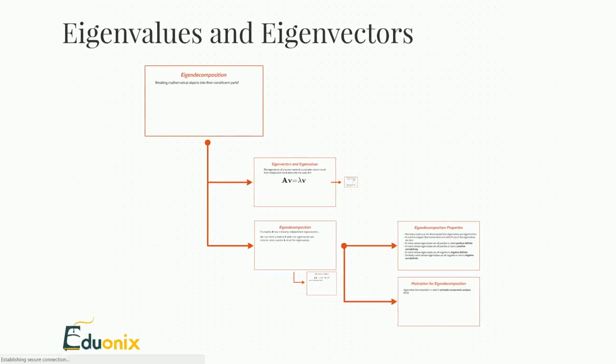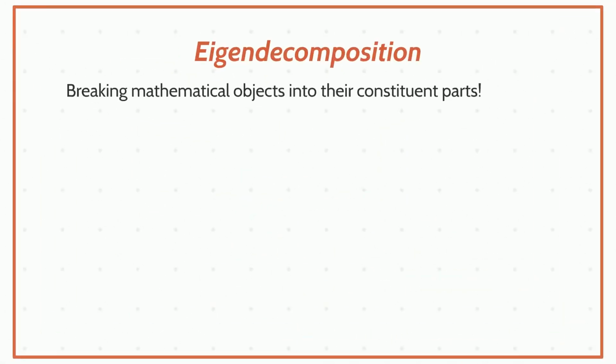All right, here we go. So eigendecomposition is simply breaking mathematical objects into their constituent parts. Many mathematical objects can be understood better when they are broken down into their constituent parts like this, or by finding some of the properties of them that are universal or not caused by the way we choose to represent them.